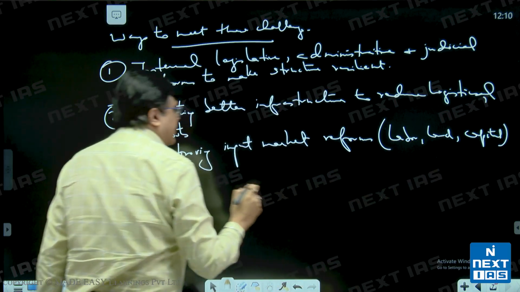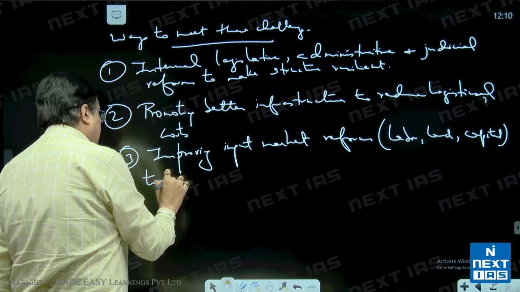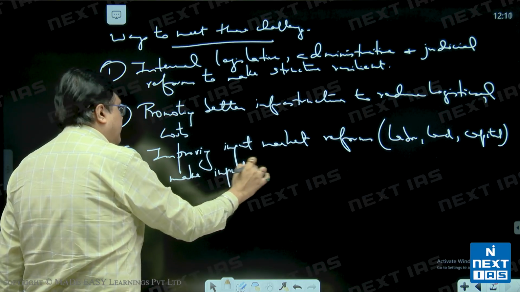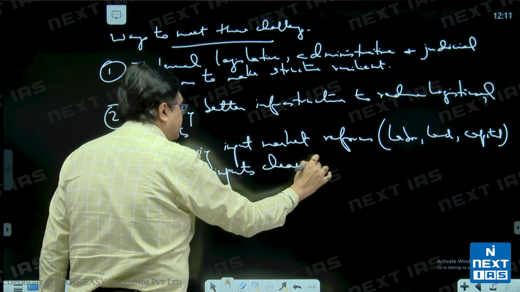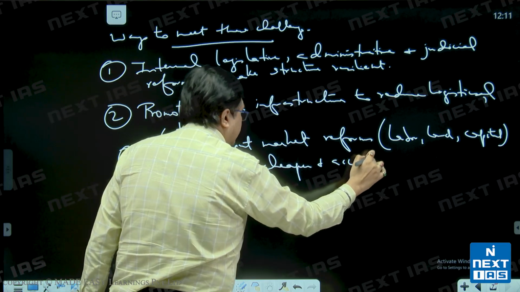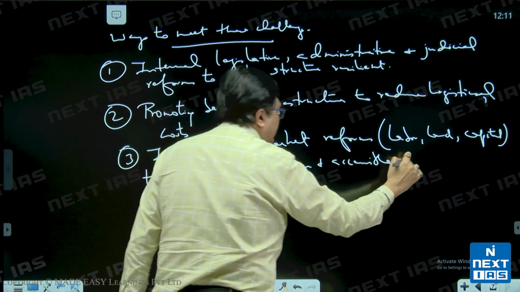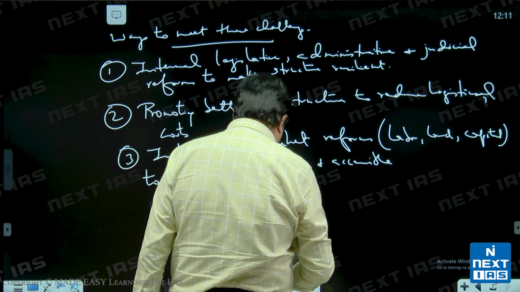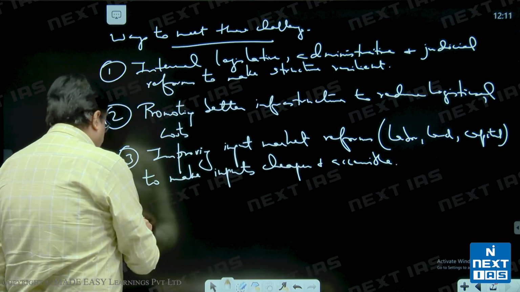So, input market reforms to make inputs cheaper and accessible. So, if you do that, you make Indian industries more efficient.